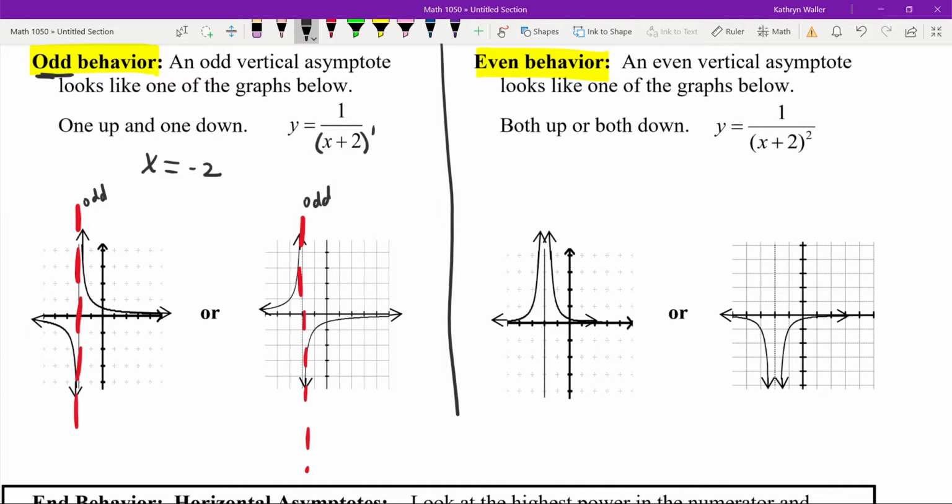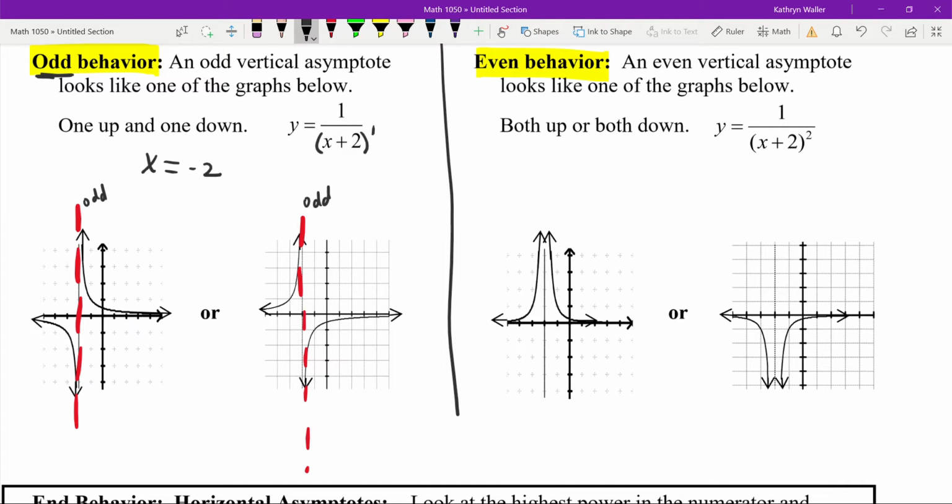If this is an odd vertical asymptote, as the graph approaches that asymptote, one goes up and one goes down. So it might be like that, or it might approach this way and go the other way. I don't know which one it is, but I know that they go in opposite directions. Great. Look at the other one.